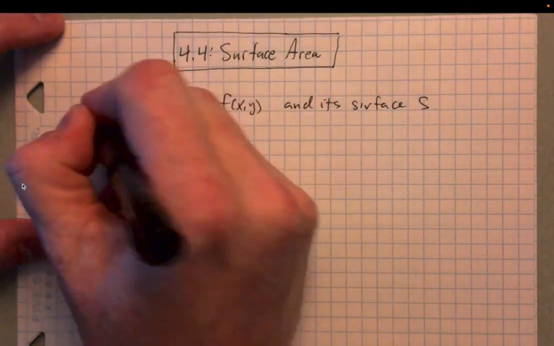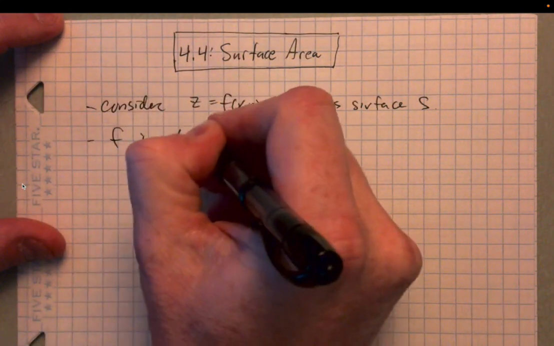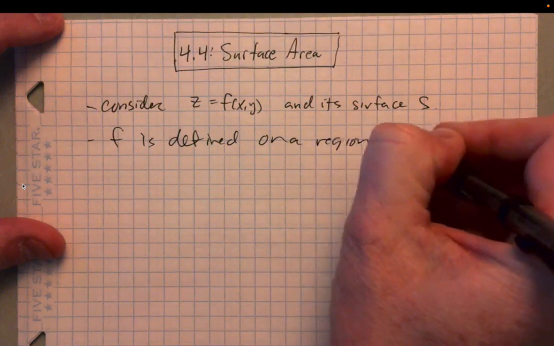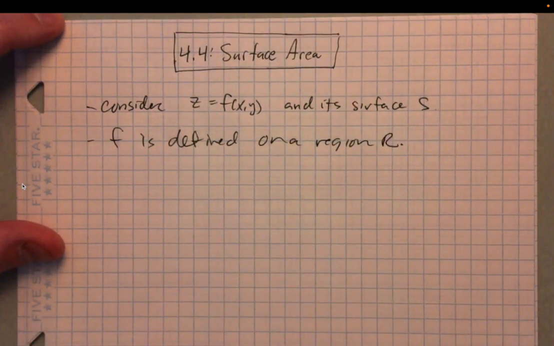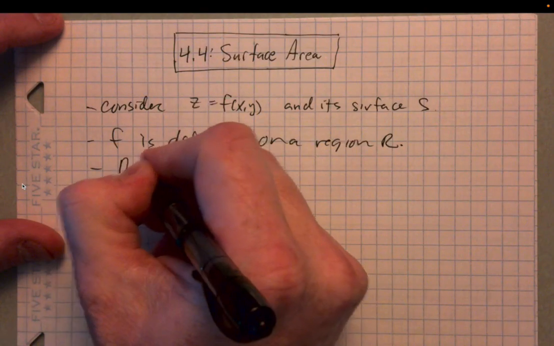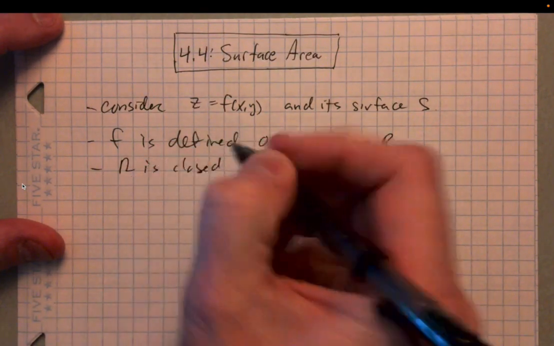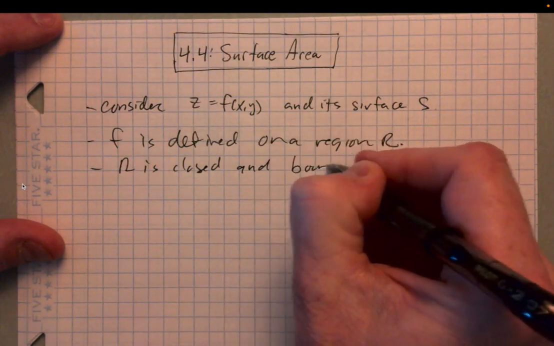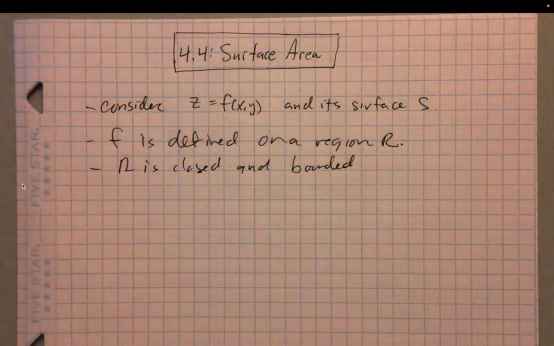Of course we'll have to assume that f is defined on a region R. We're going to assume that R is closed and bounded. Got to have boundedness for sure, closed and bounded. And then we also have to assume that f is differentiable, meaning that it has continuous first partial derivatives.